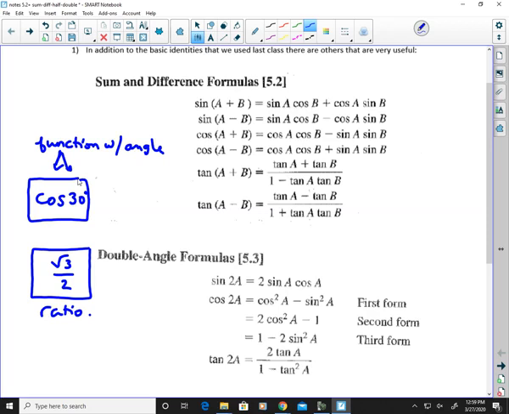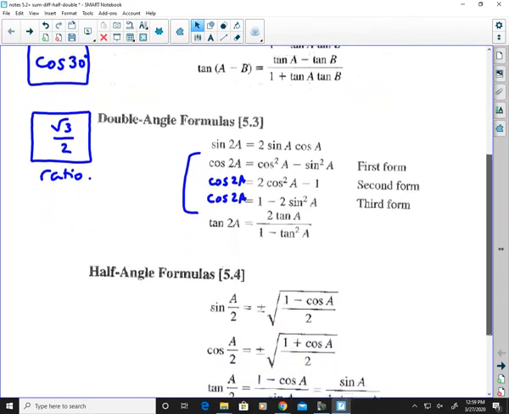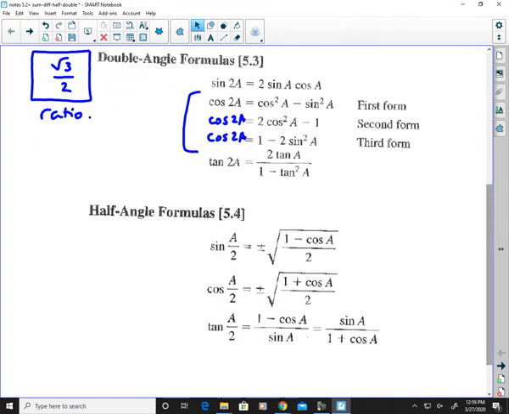If you look at the double angle formulas, there are three versions of the double angle cosine formula. So if it helps you, you pick the version that is the easiest to use for the information that was provided in the problem. And if you also look down below at the half angle formulas, that half angle for tangent, there are two versions of that.